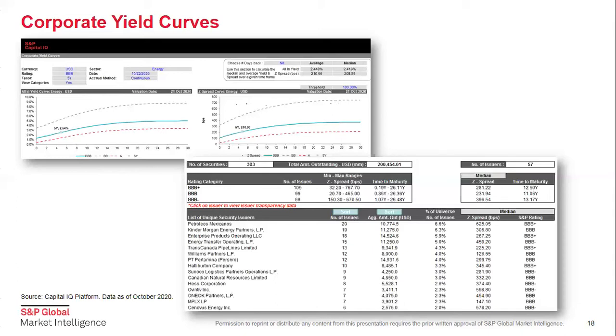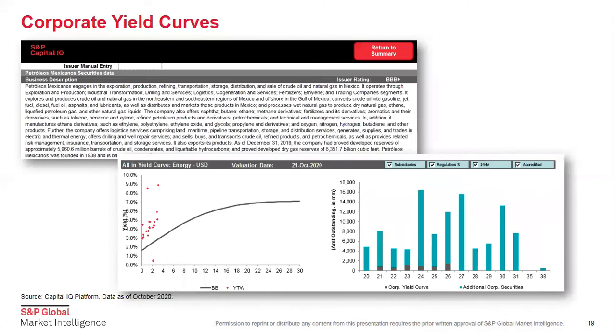That's a list of unique security issues, and what the interest rate is being paid, what is the Z spread, what is the yield to maturity, what is the coupon rate. All of the data is available. So here we choose as one of our comparables Petróleos Mexicanos, engaged in exploration, production, and refining of crude oil and natural gas.